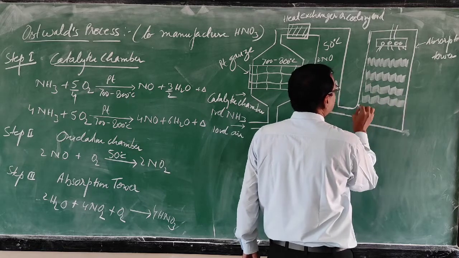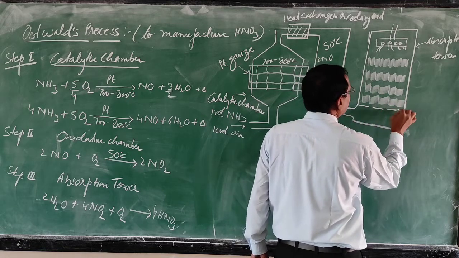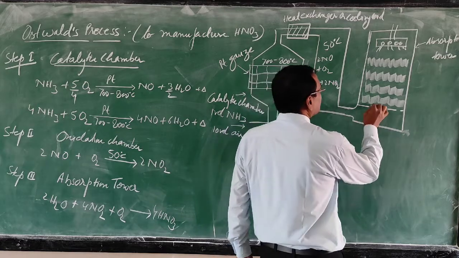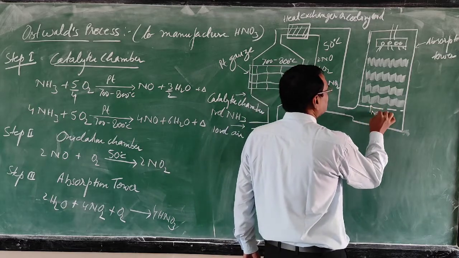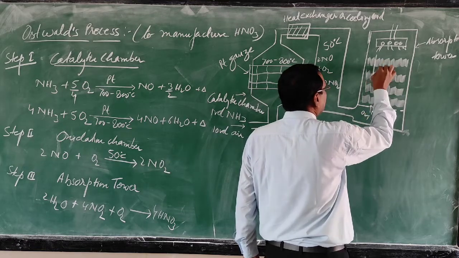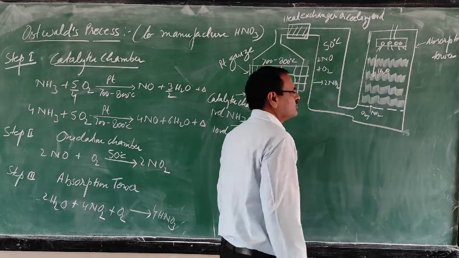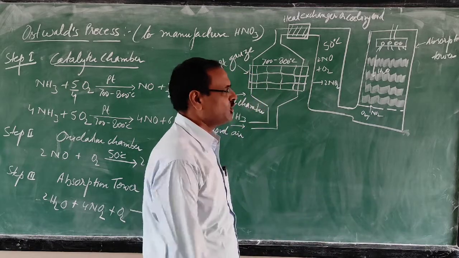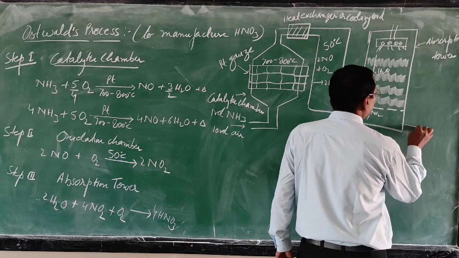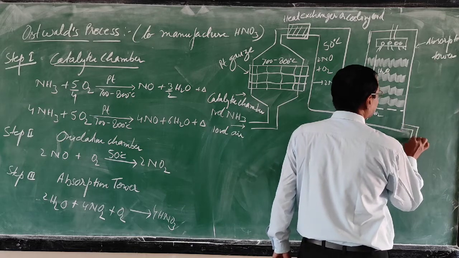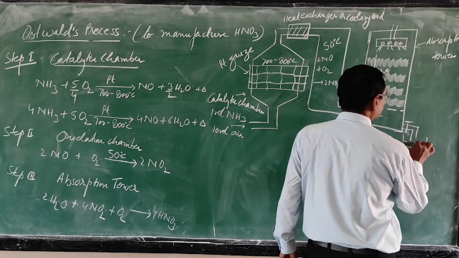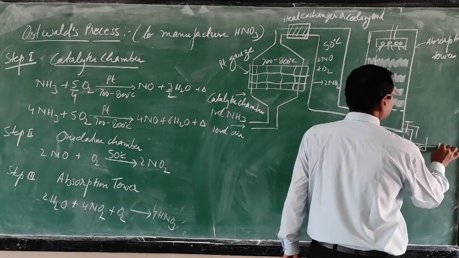Because it is acid resistant. Here it is perforated at the bottom. So from the bottom, this nitrogen dioxide is moving up, oxygen also moving up, and from the top, water is coming. So in the quartz stone, better solvation is there, and you are getting here nitric acid.